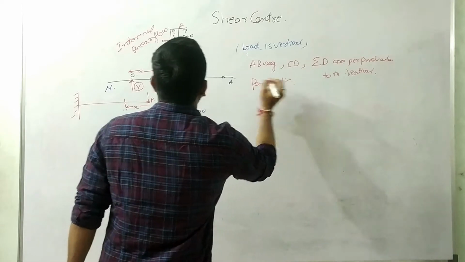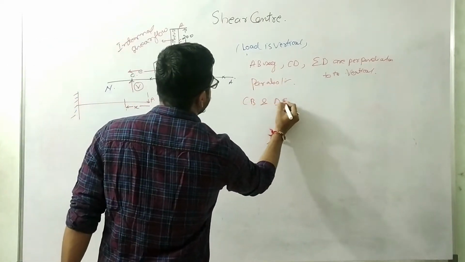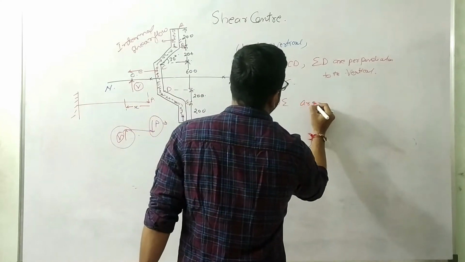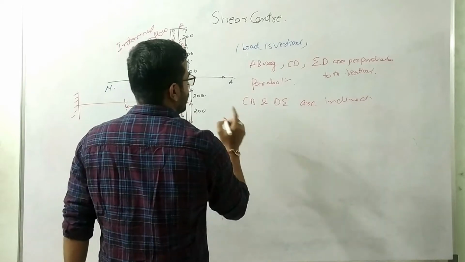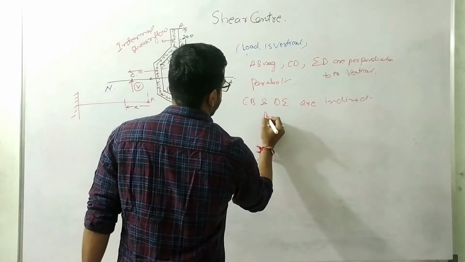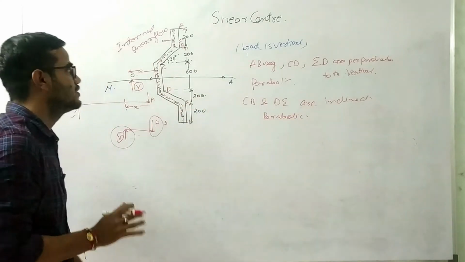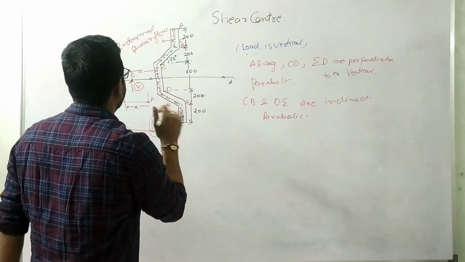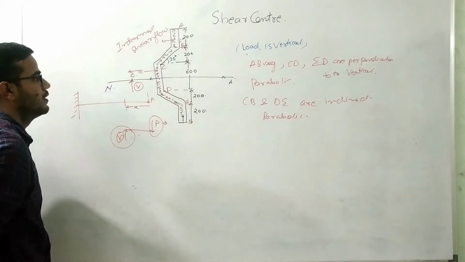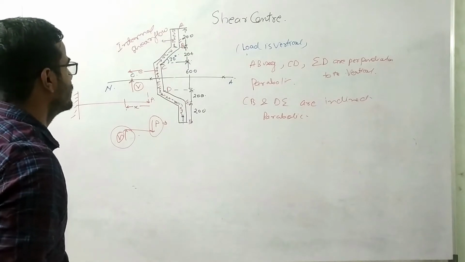And these members CB and DE are inclined, so the variation will be parabolic only. This thing also we have discussed while deriving the formula for the shear flow, while calculating the shear center. So there will be parabolic variation, right?